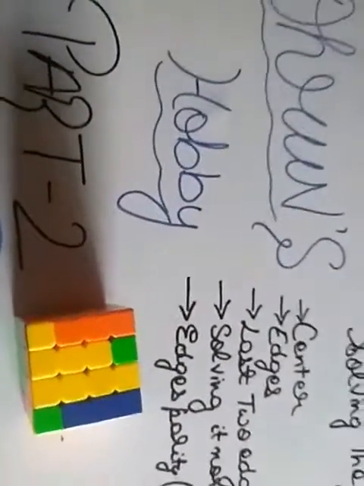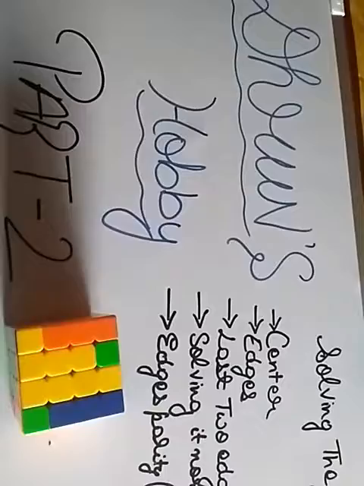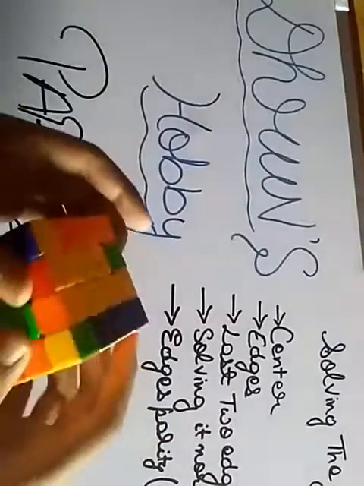I'm also making it a little faster so that the video is not that long, because some of the people have a problem with it. I don't want that anyone has problem with it. So green and orange and green and orange. I'm gonna make the pair.